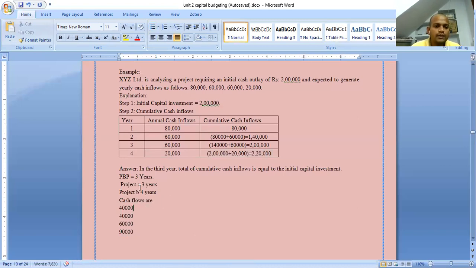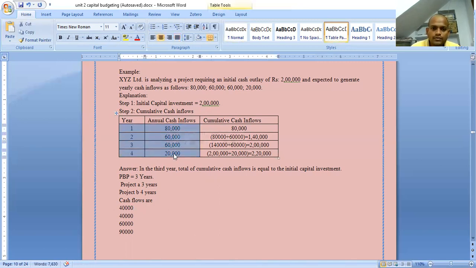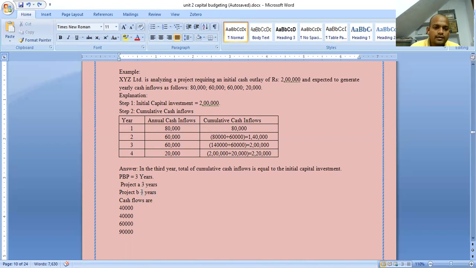90,000. See, if you assume this as project A, within 3 years we are getting our investment of 2 lakhs back. But in project B, it takes more than 3 years, because within 3 years it is able to collect 1,40,000.